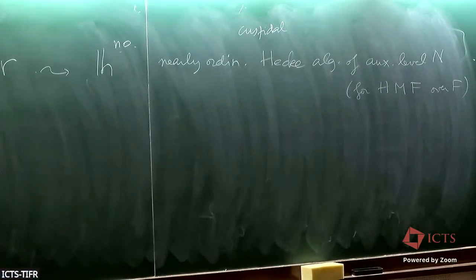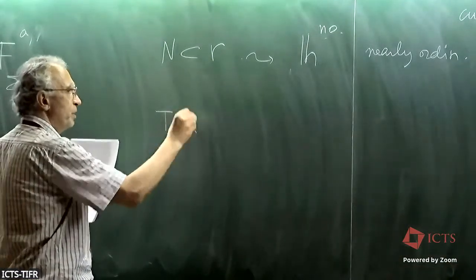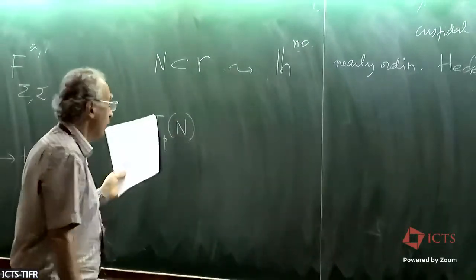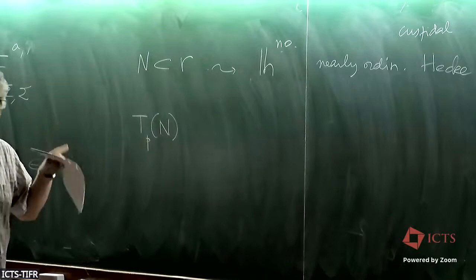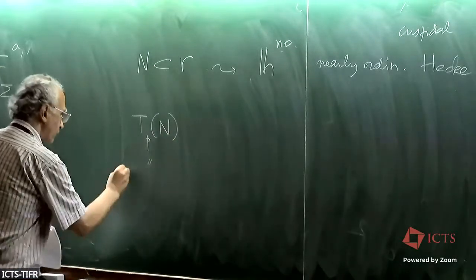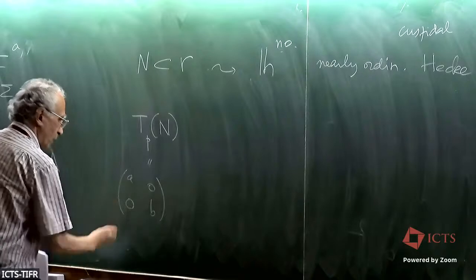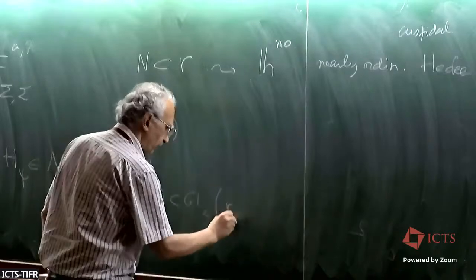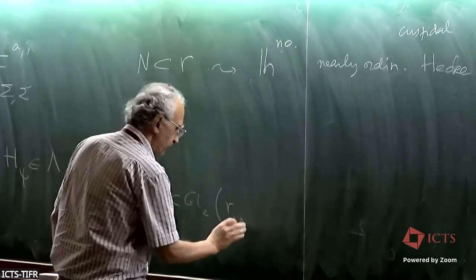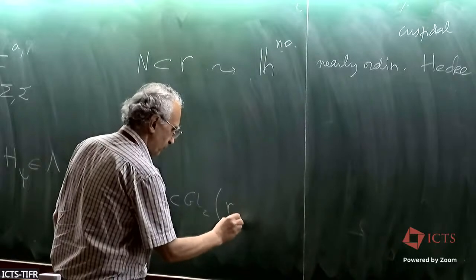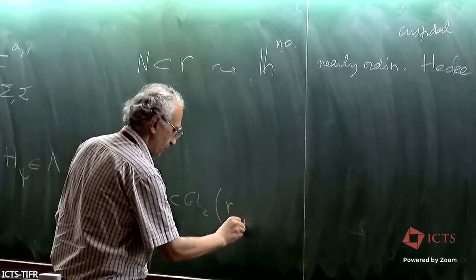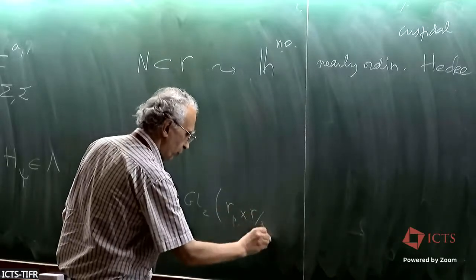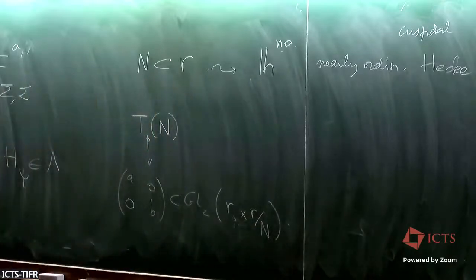But anyway, what is important for us is that there is a torus, Tp of n, which maps to this Hecke algebra. This is the torus of so-called diamond operators. So if you like, it is a diagonal torus inside GL2 of Rp times R modulo n.